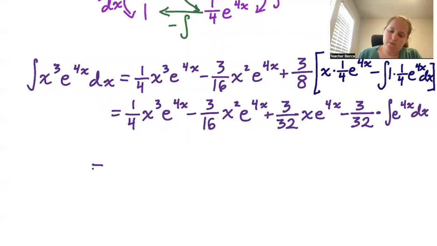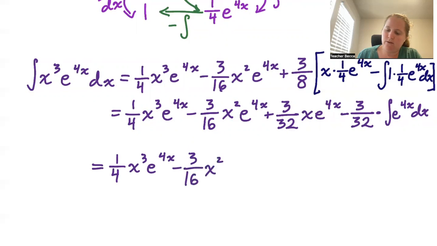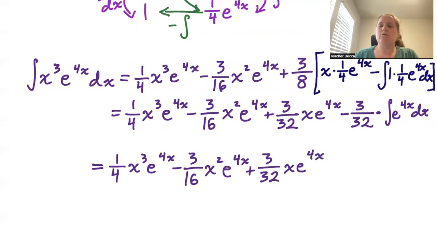And so this becomes 1/4 x cubed e to the 4x minus 3/16 x squared e to the 4x plus 3/32 x e to the 4x. Of course, the integral of e to the 4x is 1/4 e to the 4x. So this becomes a minus 3/128 e to the 4x.